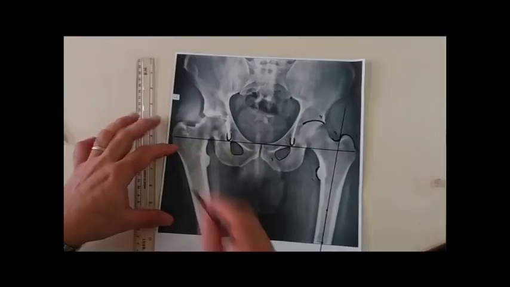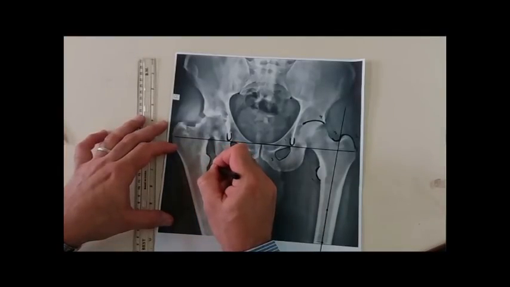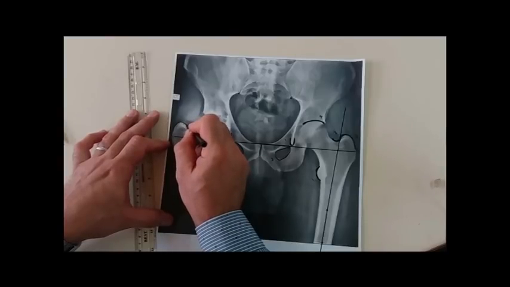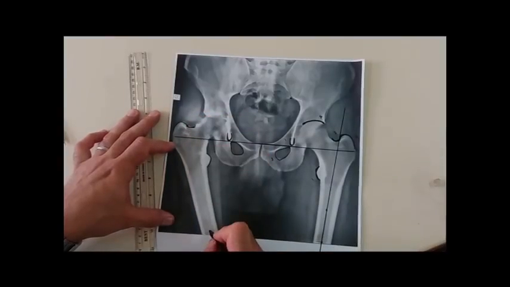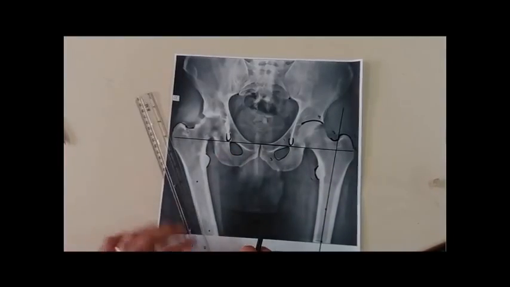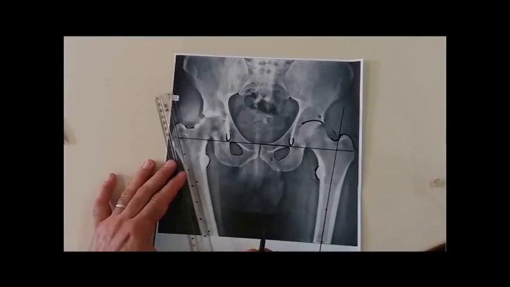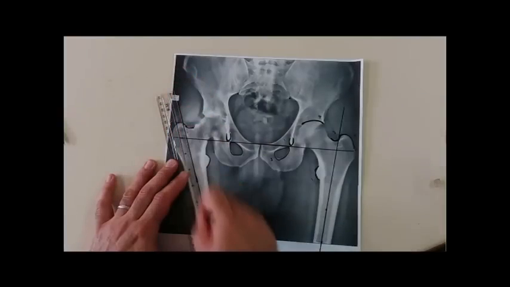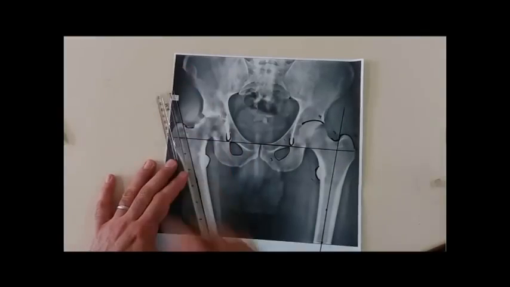Of course, we should draw the same bony landmarks on the other side: the greater, lesser, saddle area, and the intramedullary line of the femur. By doing this, we have finished the second step of templating, which is drawing the bony landmarks.